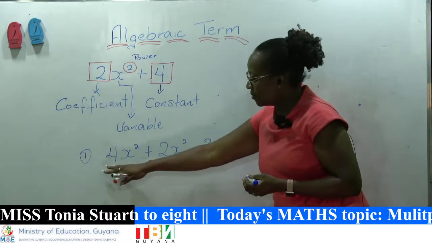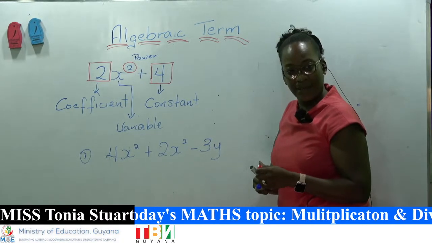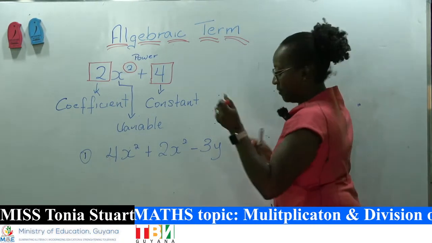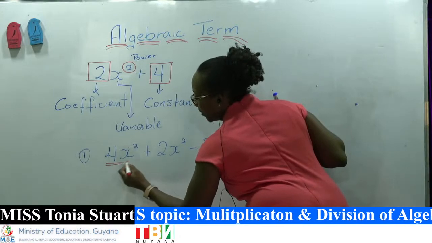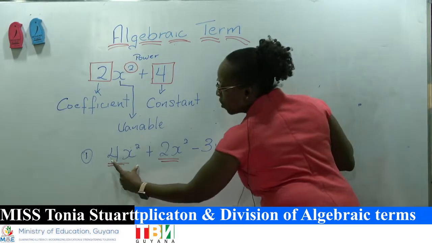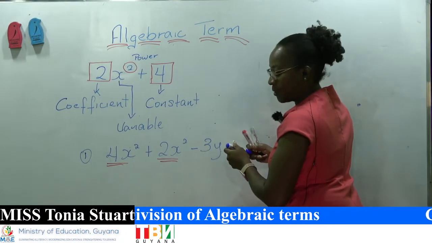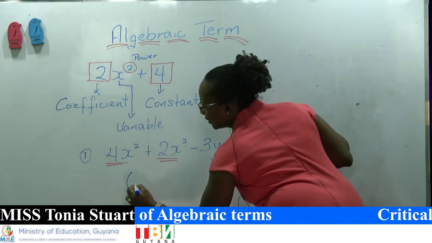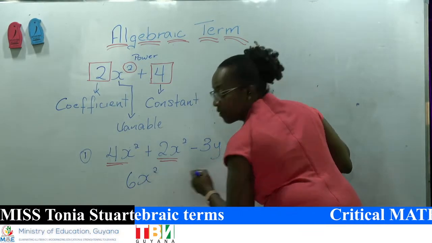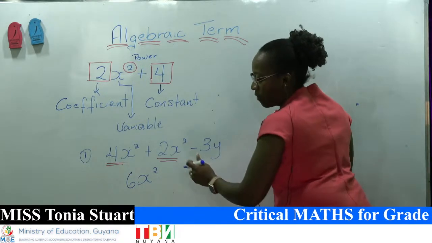Can we add 4x squared to 2x squared? Yes. Why? Because they're both the same. They are like terms. So 4x squared plus 2x squared will give us 6x squared. Right? Because we're just adding 4 of something and 2 of something.